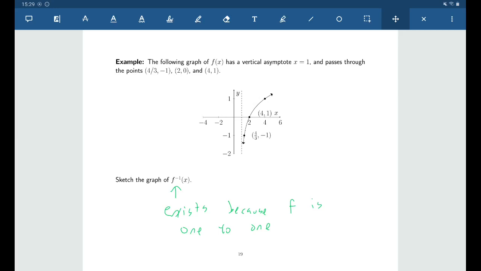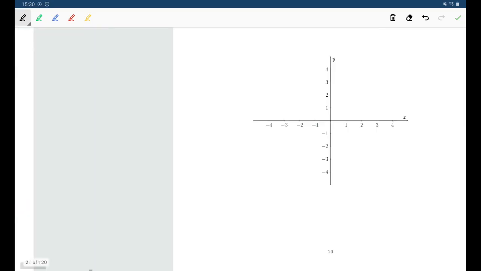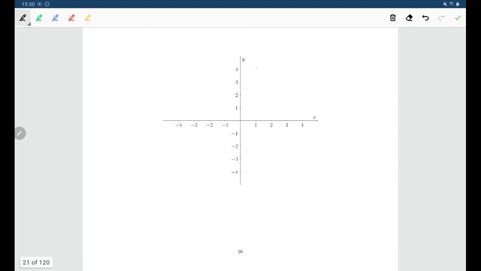And it's going to switch all of my x and y properties. So first off, because I've got these 3 points, (4/3, -1), (2, 0), and (4, 1), on the graph of f, then f inverse will have those points with all of those x and y values switched. So for example, instead of having the point (4, 1), we would have the point (1, 4).